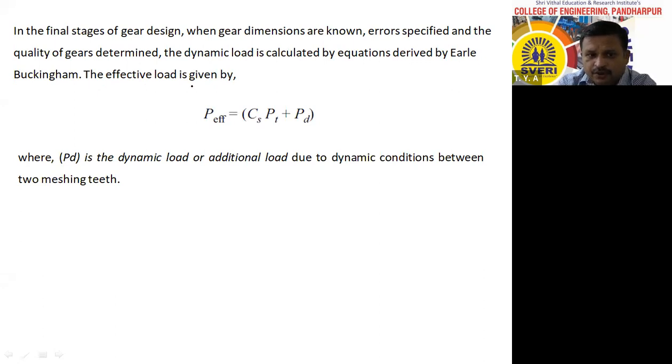The effective load is given by P effective is equal to CSPT plus PD, where PD is the dynamic load or additional load due to dynamic conditions between two meshing teeth. Write down this.